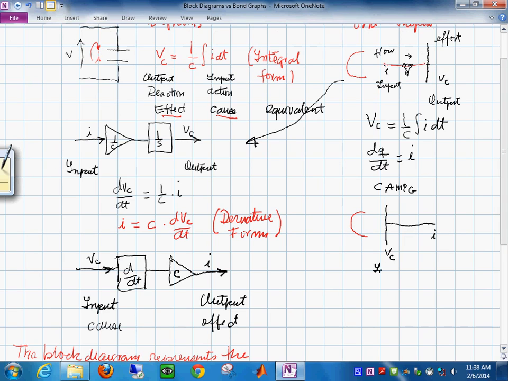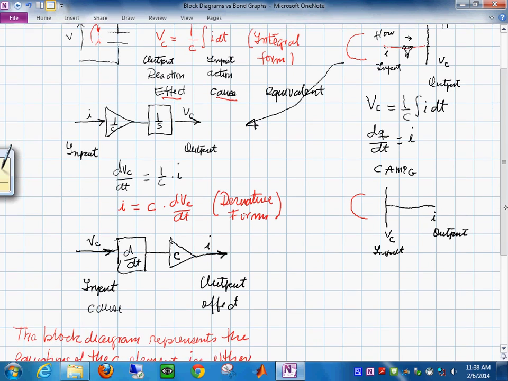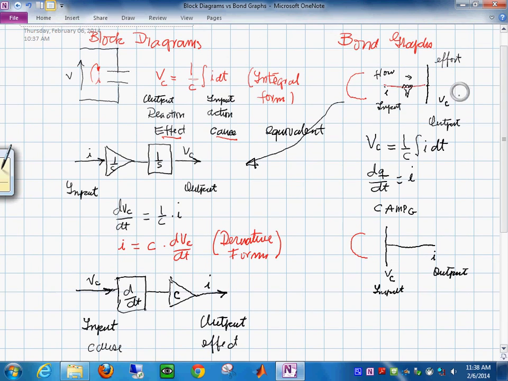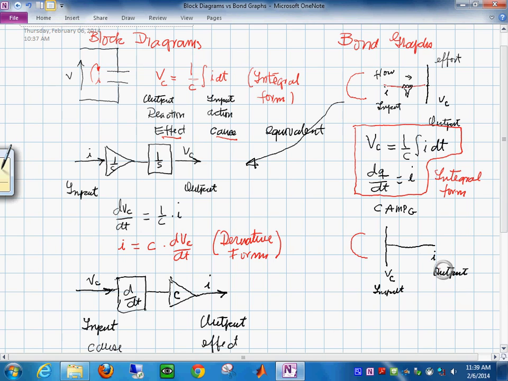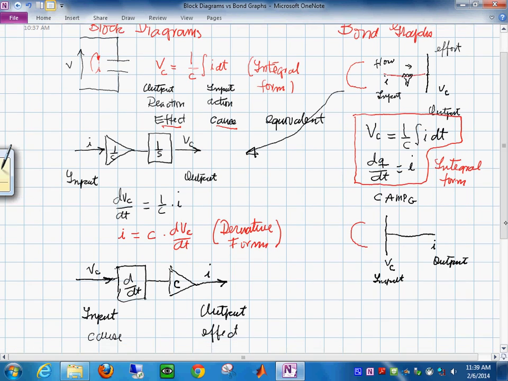So this is the input and this is the output. What are we saying with this form? We can say the previous one is the integral form, and that integral form has these equations. But this is the derivative form.